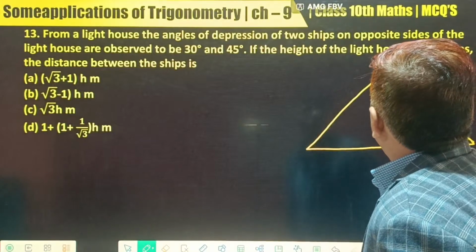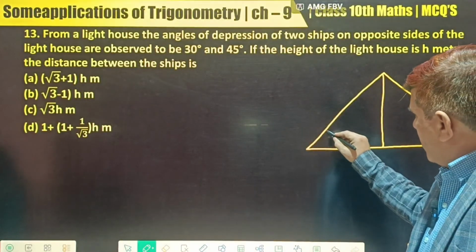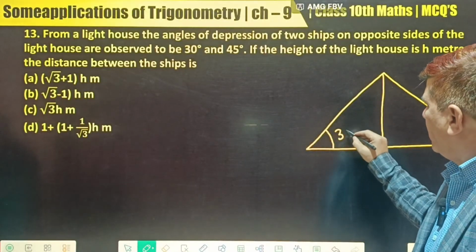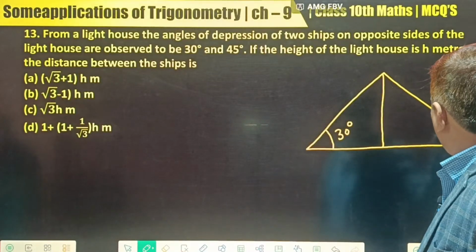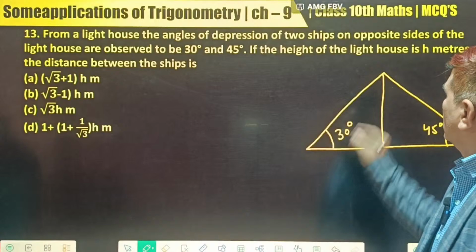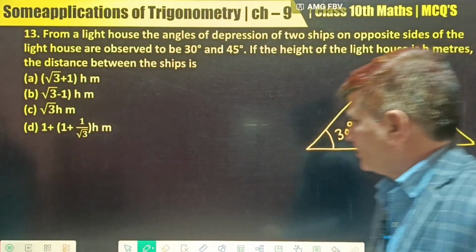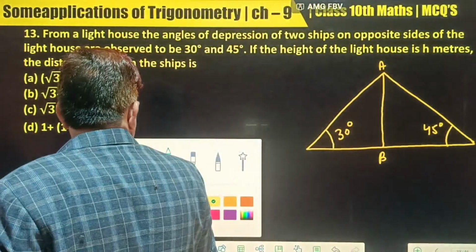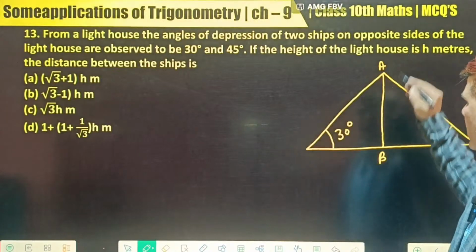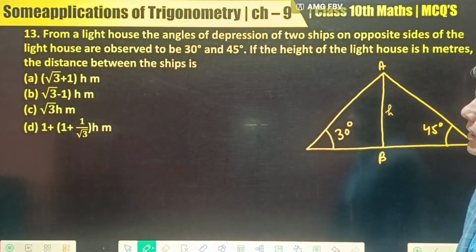One is making an angle of 30 degree, another an angle of 45 degree. A is the top of the lighthouse and B is this. This is the height of the lighthouse. We can say H is the height of the lighthouse.